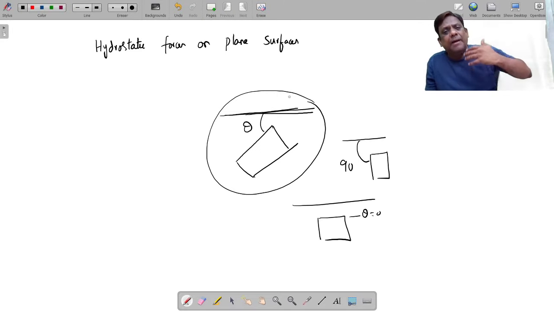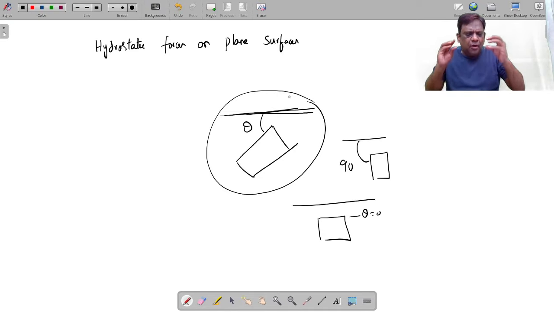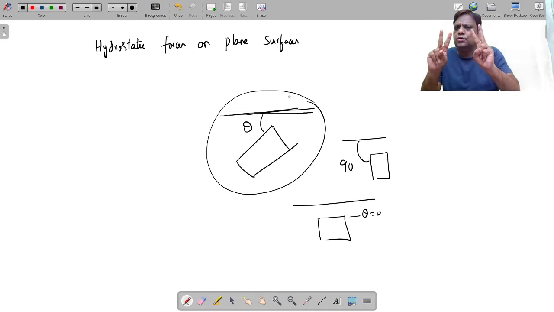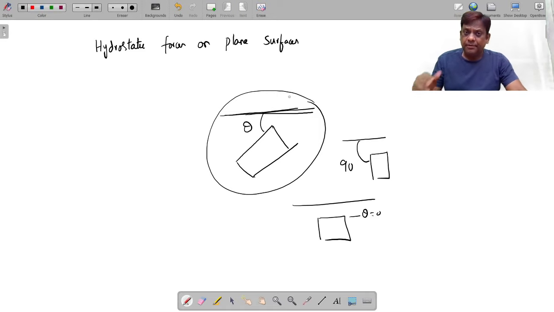So if moments have to balance, you need to know the point of application of force. So please, my dear students, in this complete chapter, we are always interested in two things. One is the magnitude of the force, which we call the hydrostatic force. And the second one, where is that force acting?